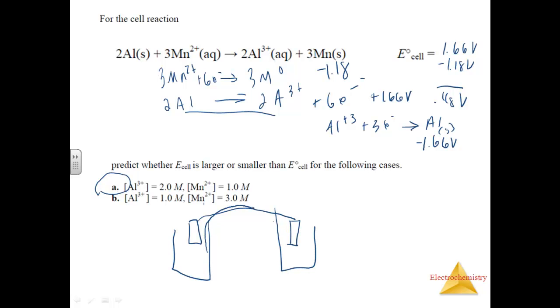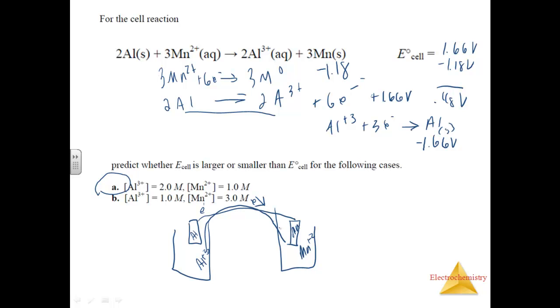We have our salt bridge. So let's say we have the aluminum that has Al plus 3. I have aluminum here, my electrons are going this way, and I have manganese and manganese plus 2 here. So electrons are leaving the aluminum and going over to the manganese.